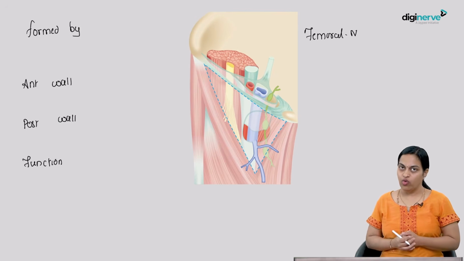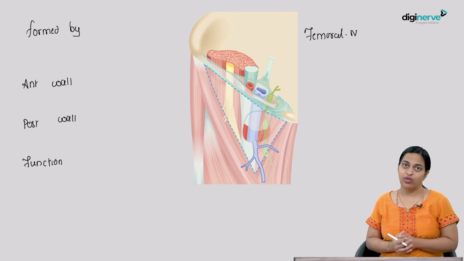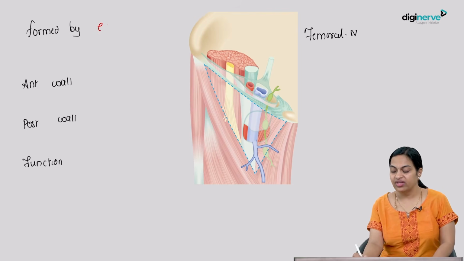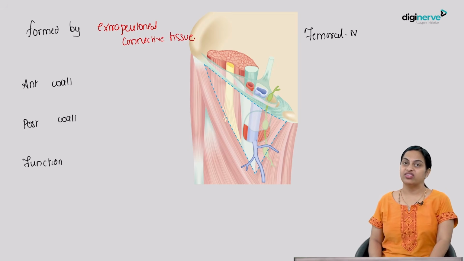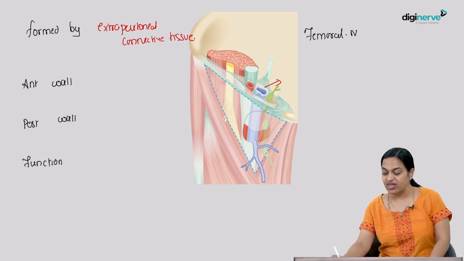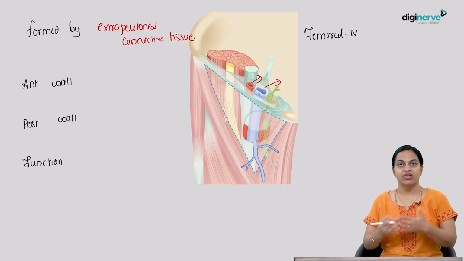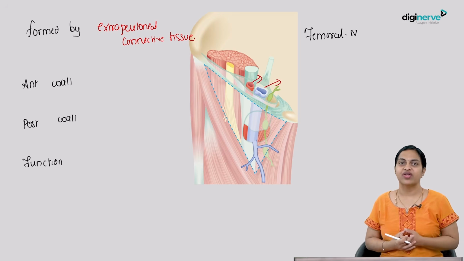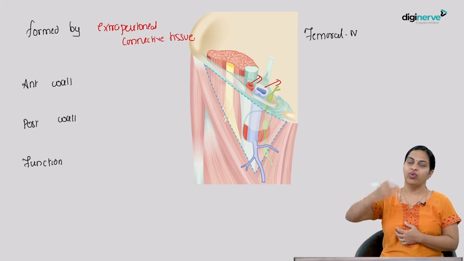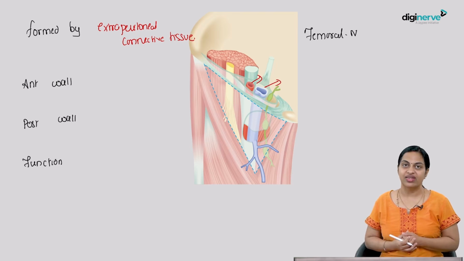This femoral sheath, the fascial prolongation, is formed by a condensation of the extraperitoneal connective tissue, which lies outside the peritoneum. These vessels are continuations of what you see in the abdomen: the femoral artery is a continuation of the external iliac artery, and the femoral vein is continuous with the external iliac vein.